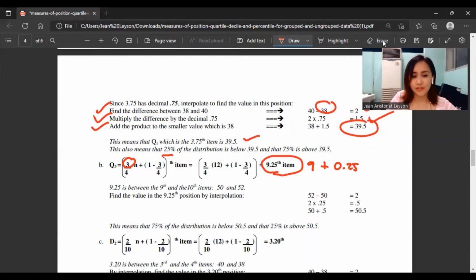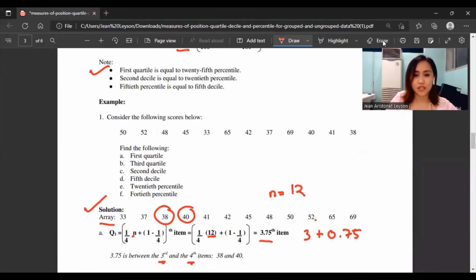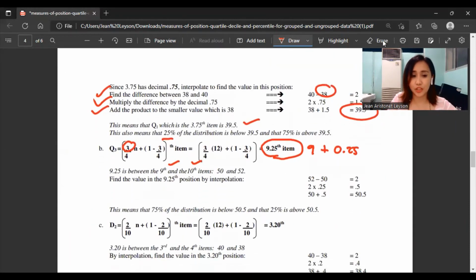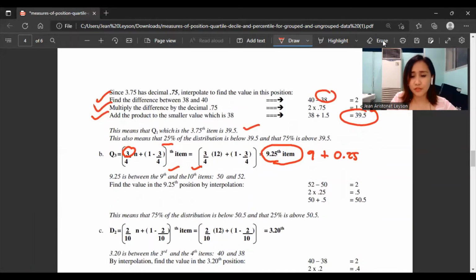So 9.25 is between the 9th and the 10th item. So the 9th and the 10th items are here, 50 and 52. So to find the exact value, again, we need to interpolate. First, subtract 52 minus 50, that's 2. Multiply the difference with the decimal, which is 0.25. So 2 times 0.25, that's 0.5.